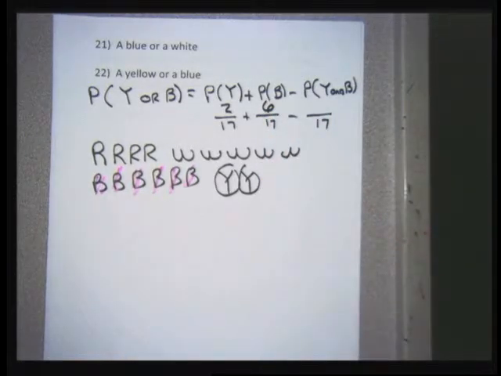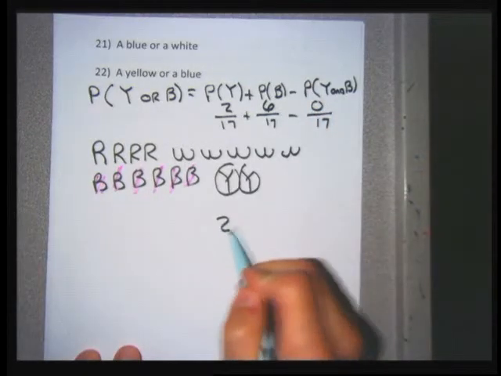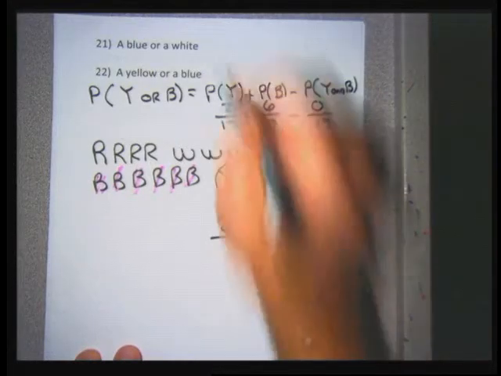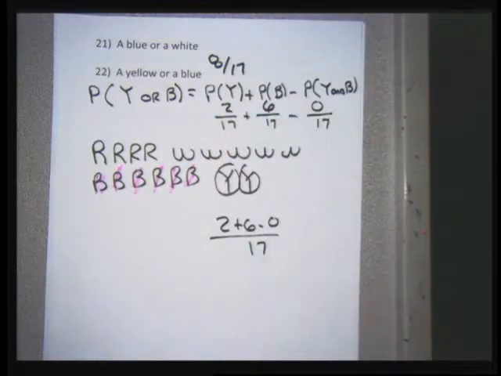And for the last probability, there's no overlap between the yellow and the blue, so again, there's going to be a 0 there. So this is going to be 2 plus 6 minus 0 over 17. And my answer to problem 22 is going to be 8 in 17. It's kind of a nice problem because there can't be any overlap because the marbles aren't multicolored.